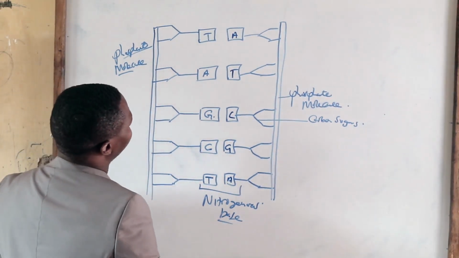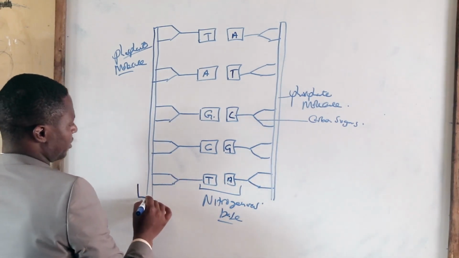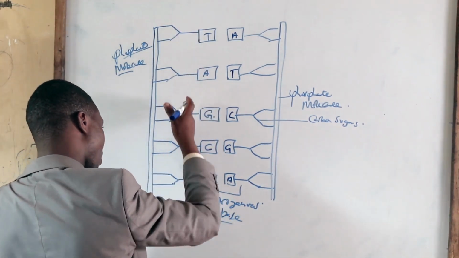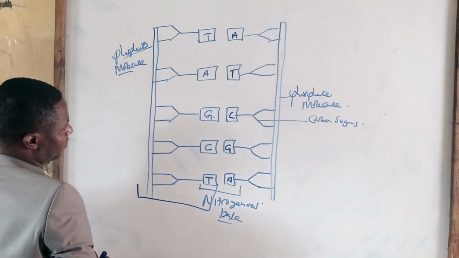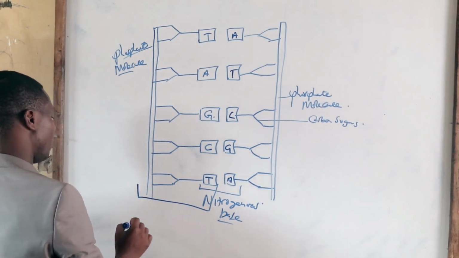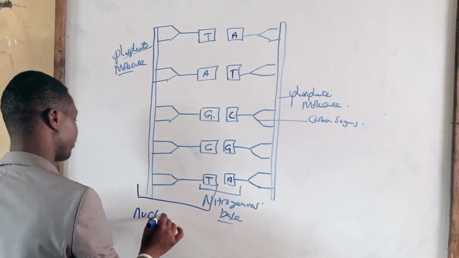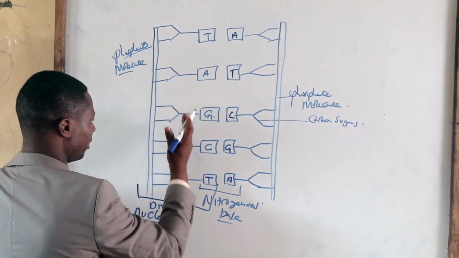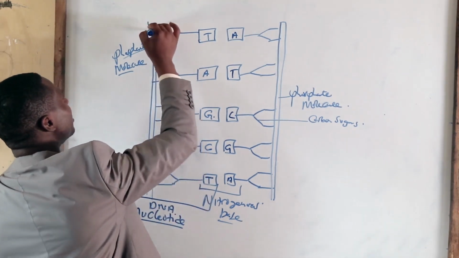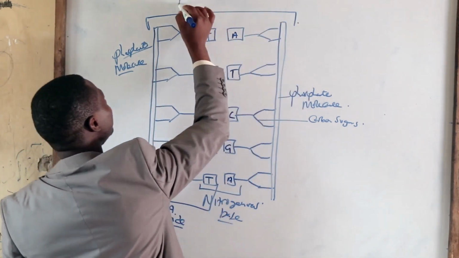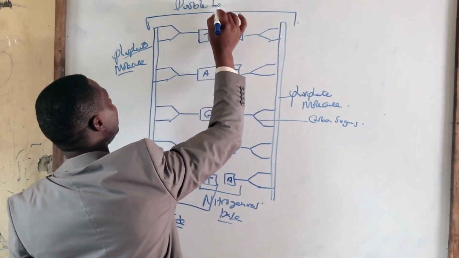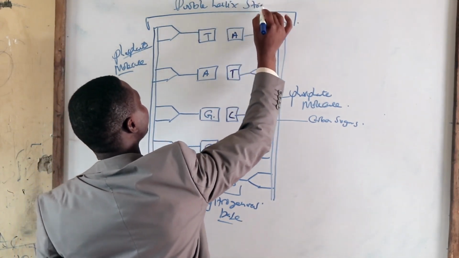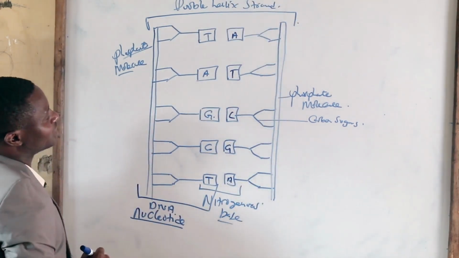Now, this strand, one unit of one side of a DNA, we call a nucleotide. That is a DNA nucleotide, one part. But when the two are combined, we call it a double helix strand.